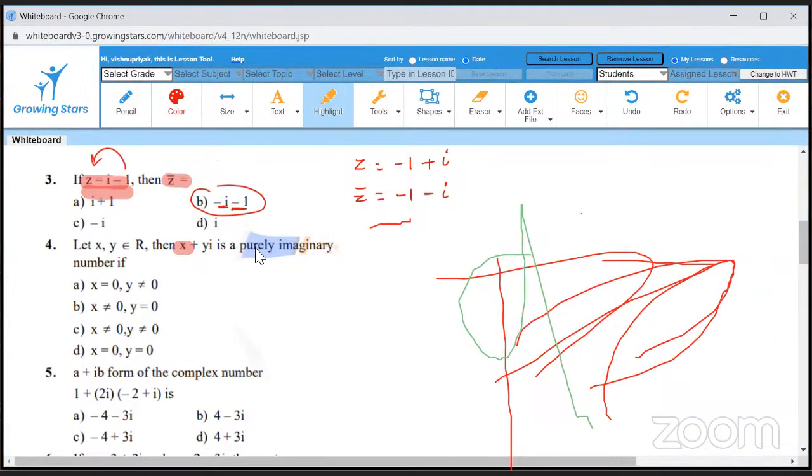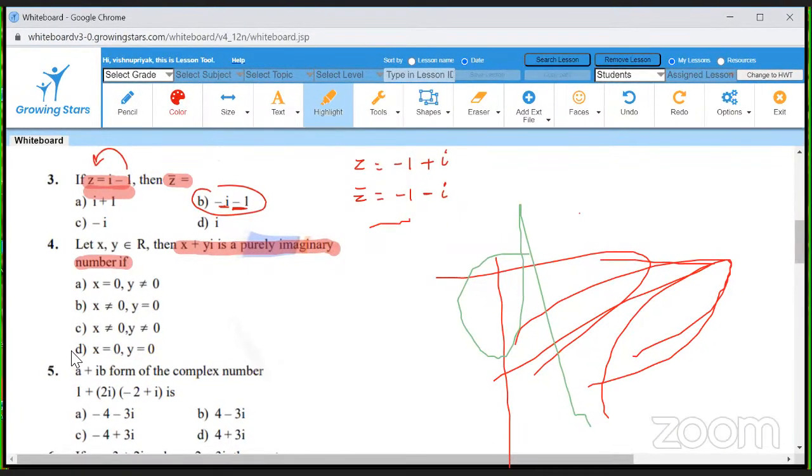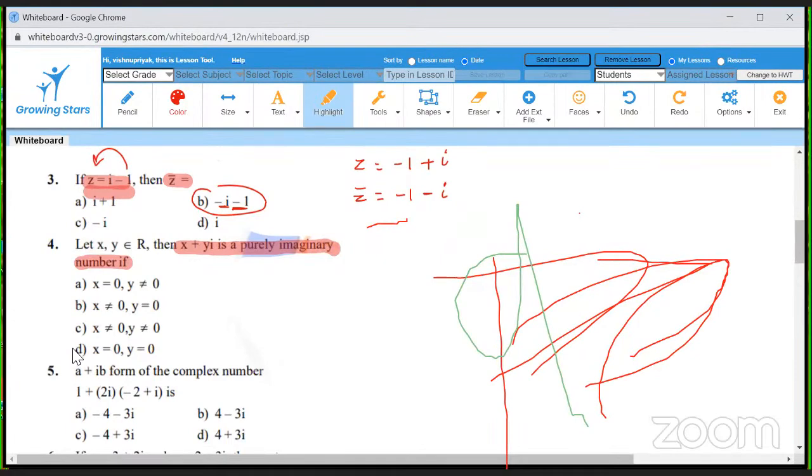Look at the fourth one. x plus iy is a purely imaginary number. If purely imaginary, only the imaginary part should be there. So what should be the answer? Fourth one. Many are saying A, D. Imaginary means what?